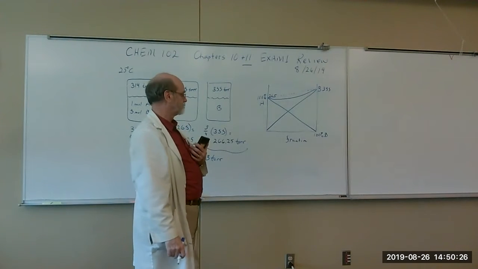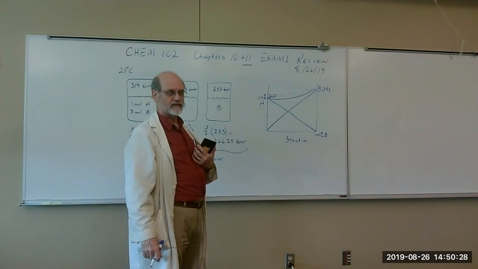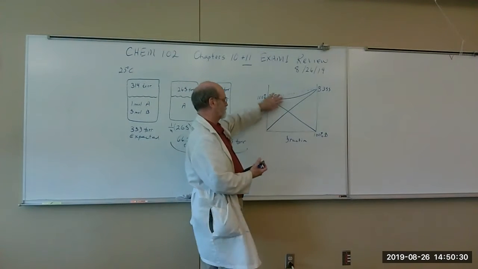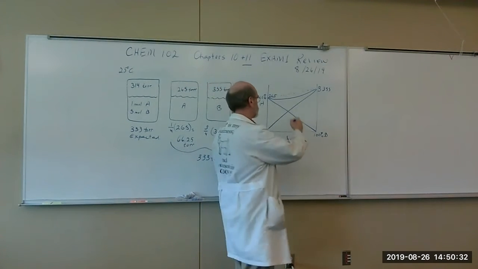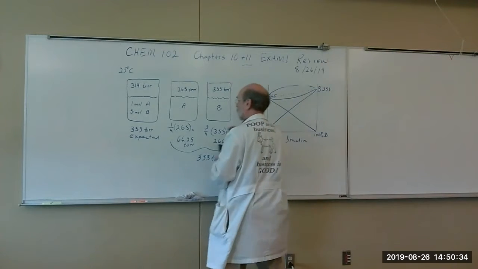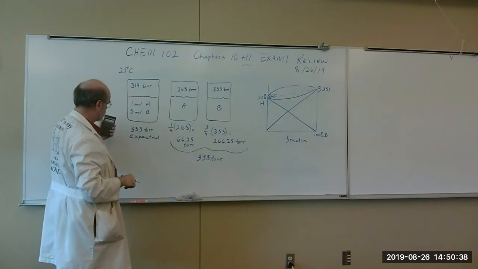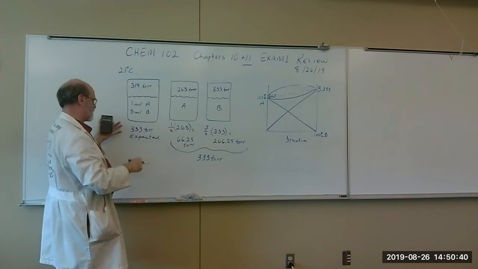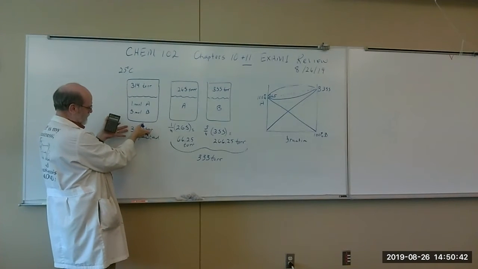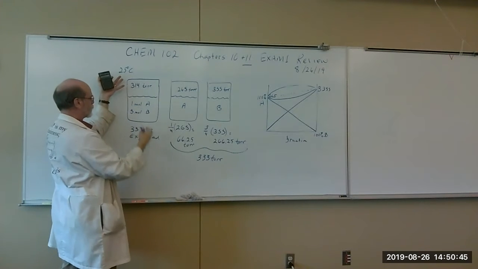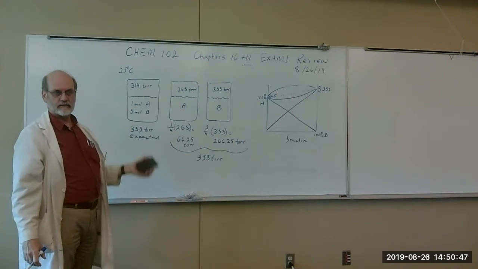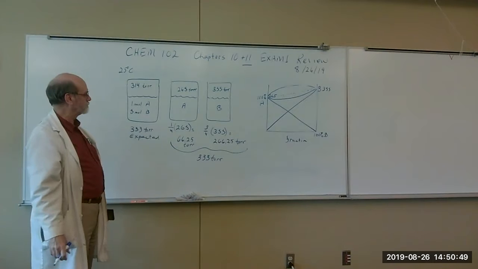Okay? What would positive deviation look like? Flip that up. Right? Positive deviation would give you a higher value here than you expected here. So if the expected was this, this might be 360 or 370. Okay?